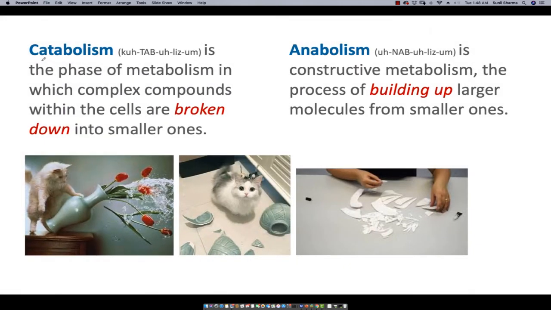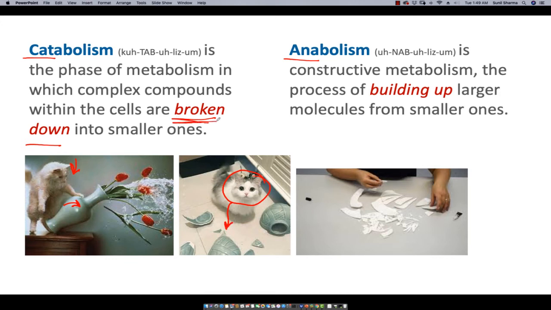A way to remember catabolism and anabolism: catabolism is the breaking down phase. We see a cat here that's broken the vase down and knocked it over. Even though the cat is very cute, it still has done the destruction part.